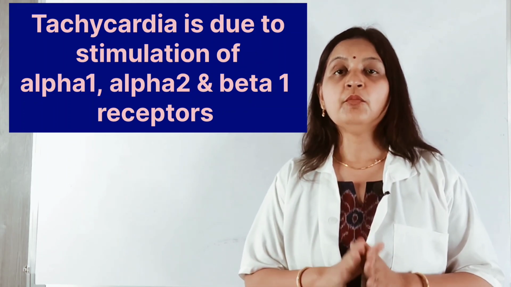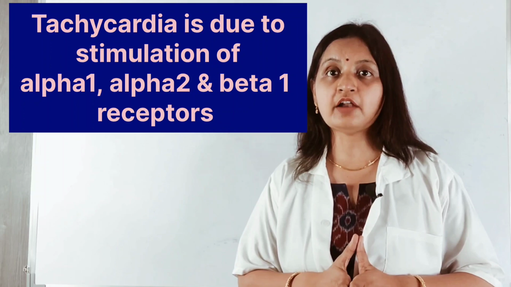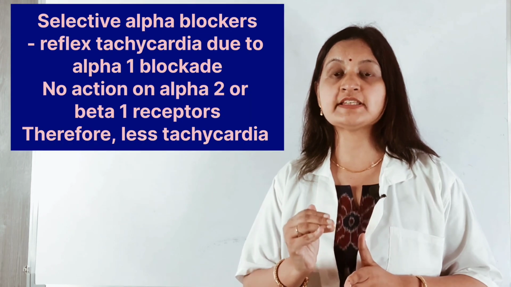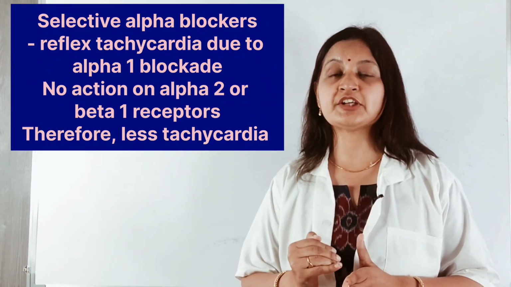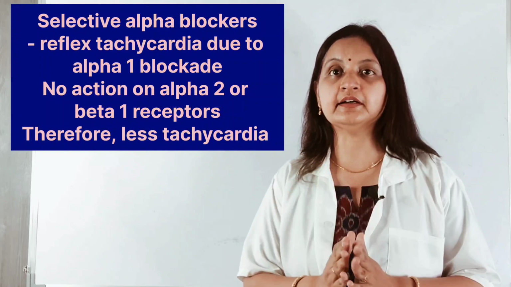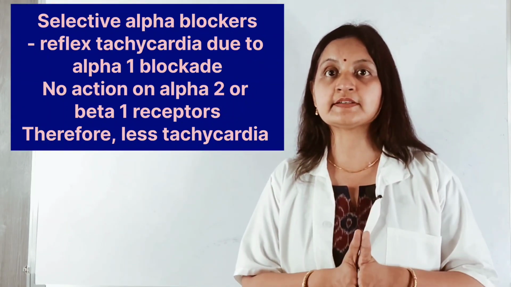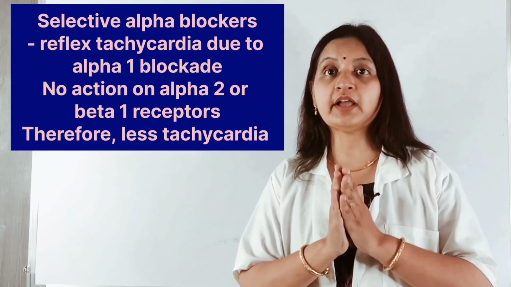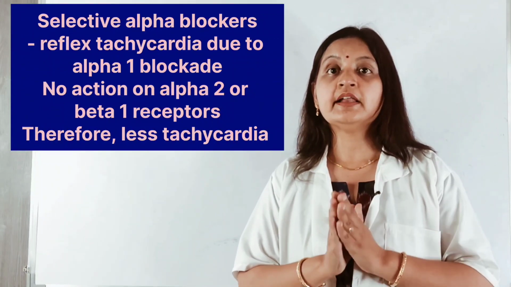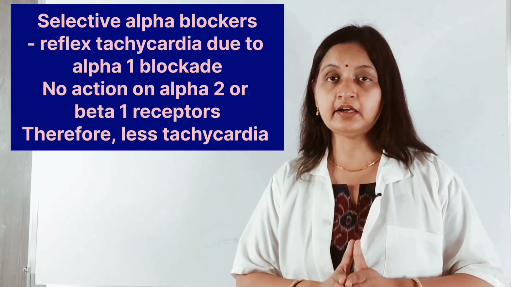Moving on to selective alpha-1 blockers. The selective alpha-1 blockers, by blocking the alpha-1 receptors of the blood vessels, cause a fall in blood pressure and reflex tachycardia. But they have no action on alpha-2 receptors. So the lack of action on alpha-2 receptors results in lesser tachycardia compared to the non-selective alpha blockers.